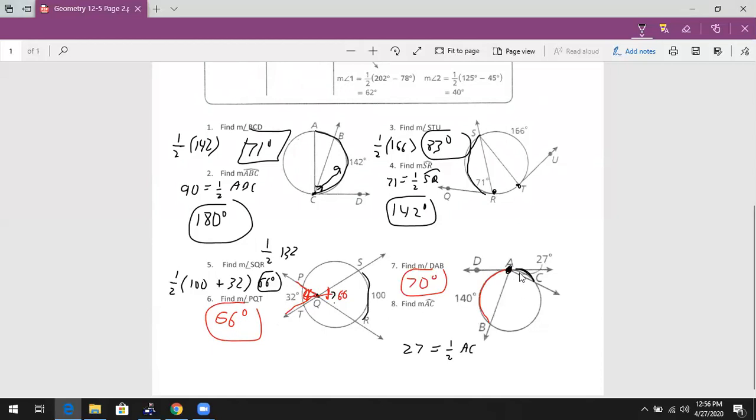Okay, and they gave us the angle this time, so we double both sides. 27 times 2 is 54 degrees. Make sure you check, are you looking for an angle or are you looking for an arc? If you're looking for an angle, take half the arc. If you're looking for the arc, just double the angle, in a situation where it's on the circle.